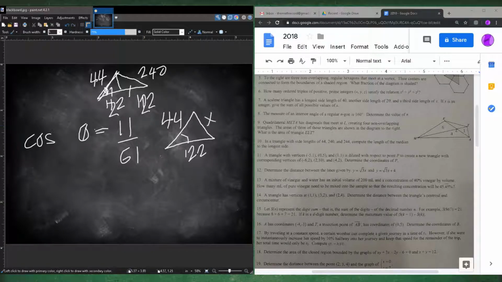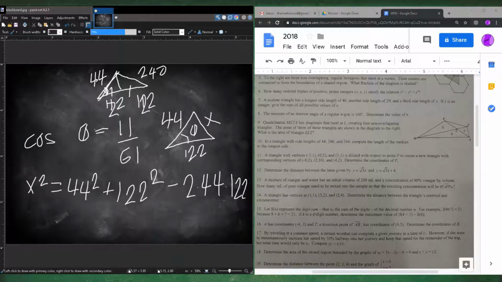Okay. So using this idea, which this is theta. Oops, let me draw this a little better. Okay, somewhat better. Using the law of cosines again, x squared is equal to 44 squared plus 122 squared minus 2ab, which is 44 and 122, times cosine of theta. We already got cosine of theta from our previous use of the law of cosines, which is 11 over 61.